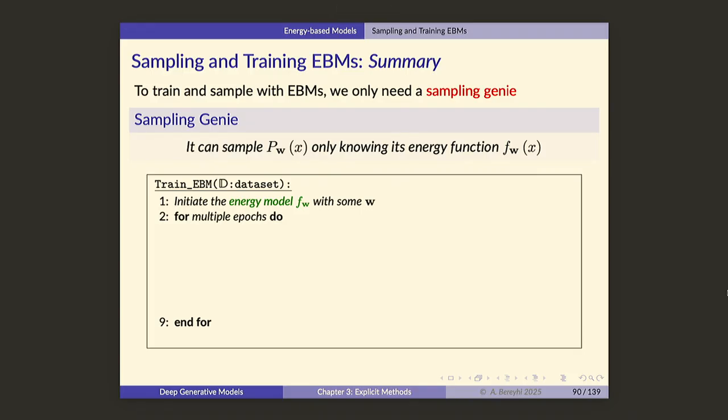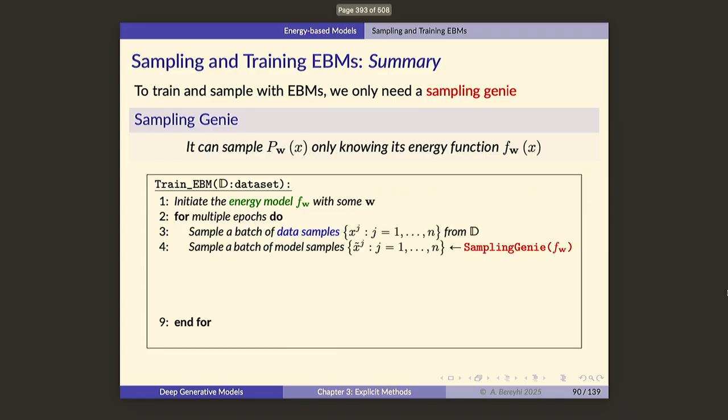And training is quite easy, right? How can I train this model? Say I have a data set. Then I'm going to go over this data set for multiple epochs. And in every epoch, I'm going to take a batch of samples, for instance, and these are all coming from the data distribution. Then I use my genie to generate the same number of samples from the model. So I'm going to sample the Boltzmann distribution using my genie with the same number of samples, right? And now I have these samples.